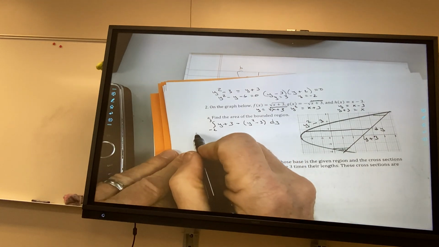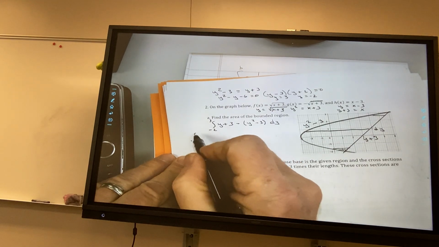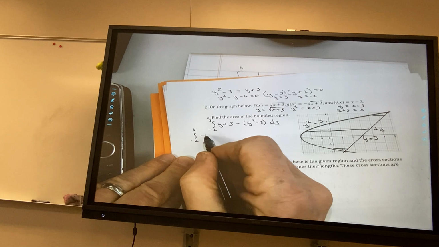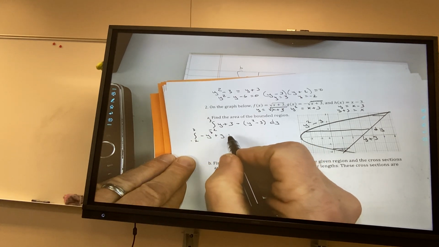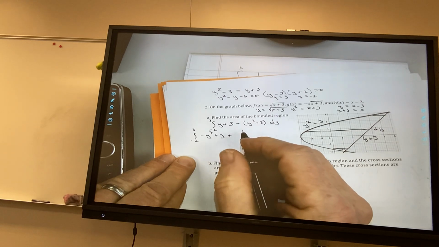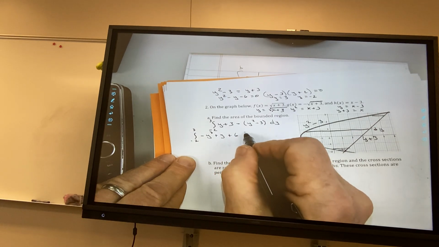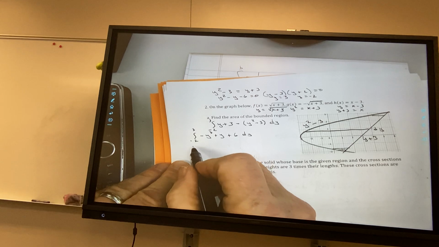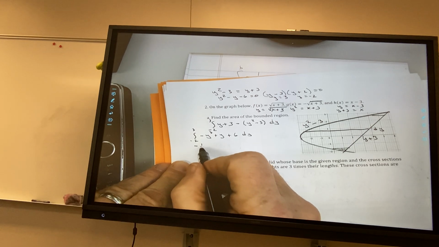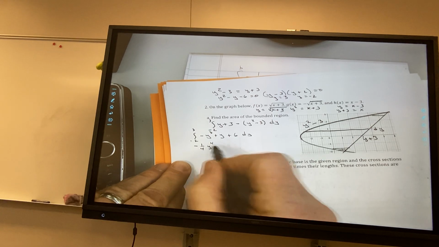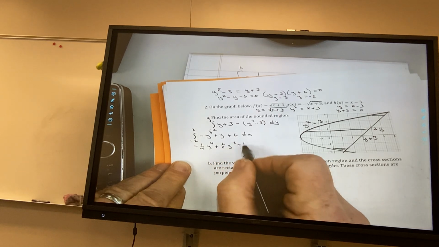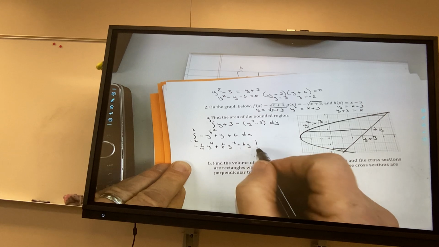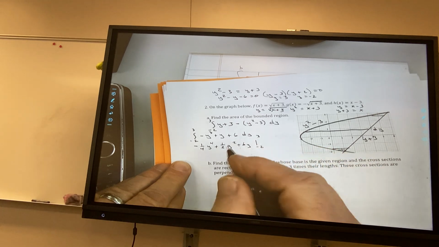And I rewrote this as minus y cubed plus y plus 6. And then I had a minus 1/4 y to the 4th plus 1/2 y squared plus 6y, evaluated from negative 2 to 3.